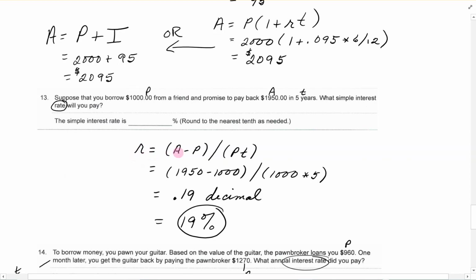All right, here's the formula for R. Open parentheses, future value 1950 minus present value or principal 1,000, close, divided by, open, 1,000 times the time, which was 5. You get 0.19. That's a decimal. You must move the decimal 2 places to the right and you will get the percent.